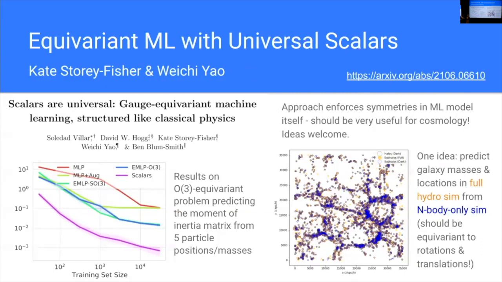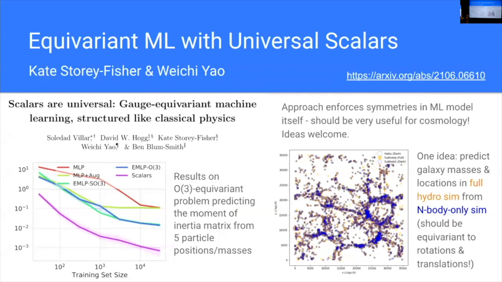And we wanted to briefly talk about work that we've been doing with David Hogg and Soledad VR, as well as Ben Golden-Smith. So the idea, this is a paper that you can follow on arXiv now, is to embed equivariance in our machine learning models. And the idea for our particular model is to only use scalars of the inputs.